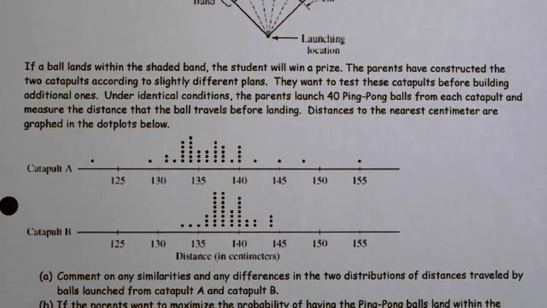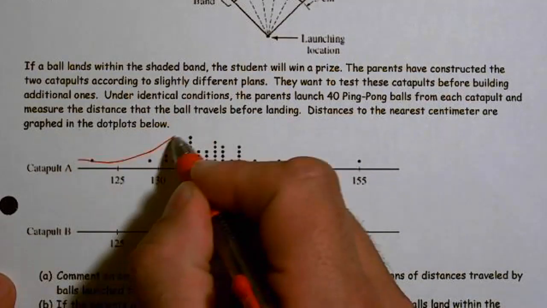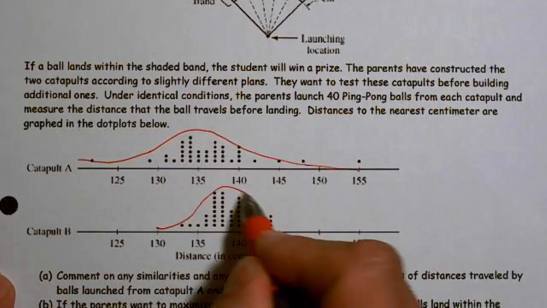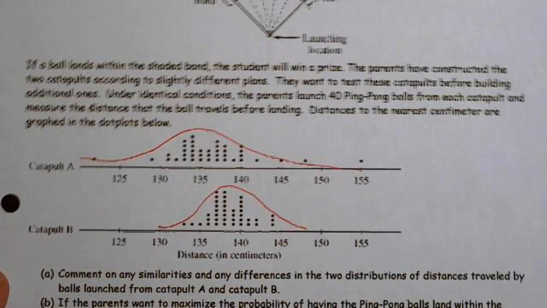Now they want us to comment on any similarities and any differences in the 2 distributions of distances traveled by the balls. Well, first off, when they say comment on any similarities or differences, they're asking for me to compare distributions. If I were to fit a curve to this, yeah, not very pretty, but reasonably symmetric for both of them.